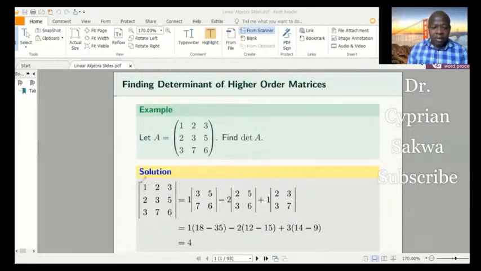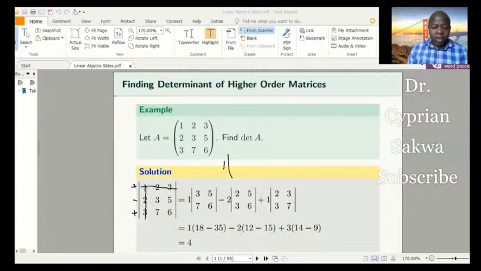Along column 1, you notice that the sign will be positive, negative, positive. So what we do is take the element 1, multiplied by the determinant of the matrix that is left when I delete the row of 1 and the column of 1.